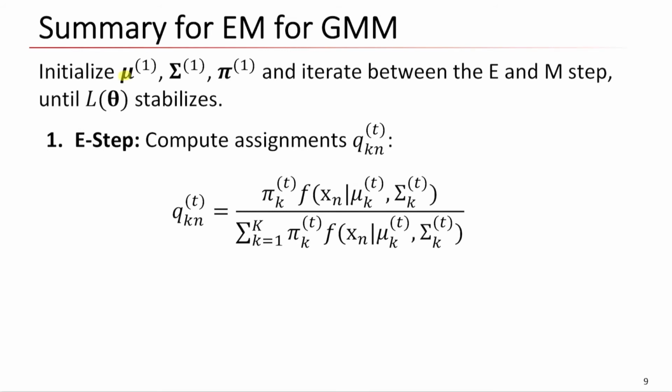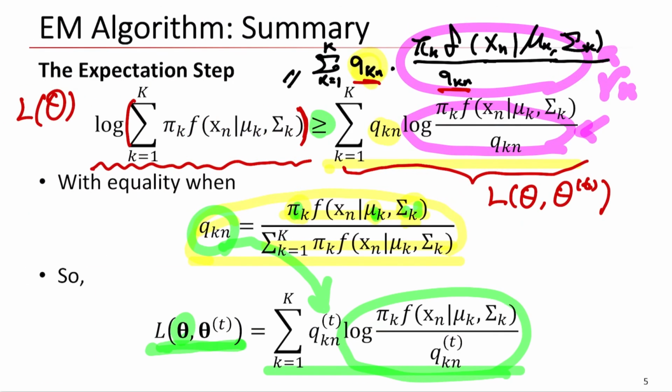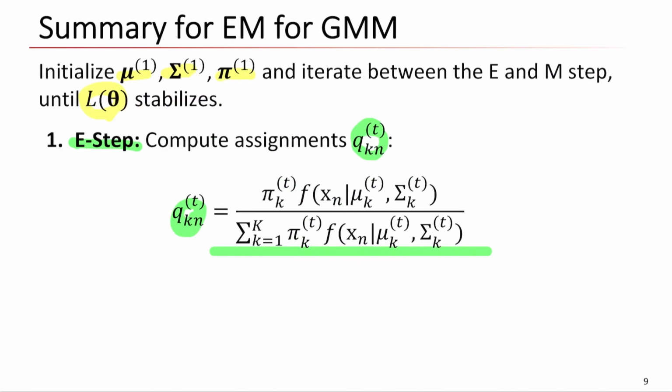First of all, let's initialize the mu k, sigma k, and pi k, and then iterate between the expectation and maximization steps until the L of theta stabilizes. So first of all, in the expectation step, compute the assignment q k n. Okay, so q k n was defined something like this, right?